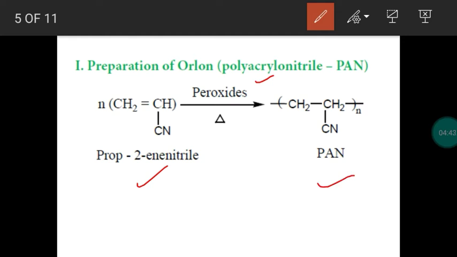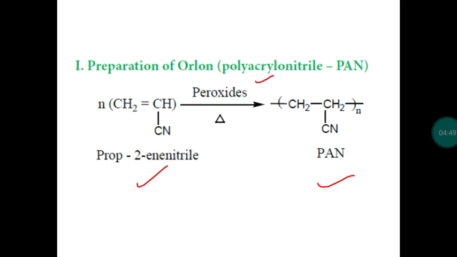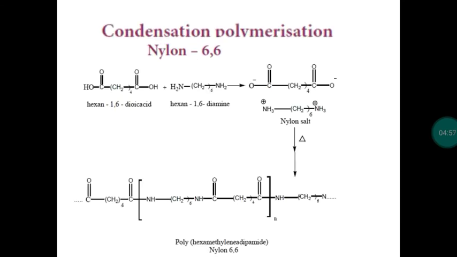It forms polyacrylonitrile, PAN or else Orlon. And this can be used as a substitute of wool in making blankets as well as sweaters. So first addition polymerization over.